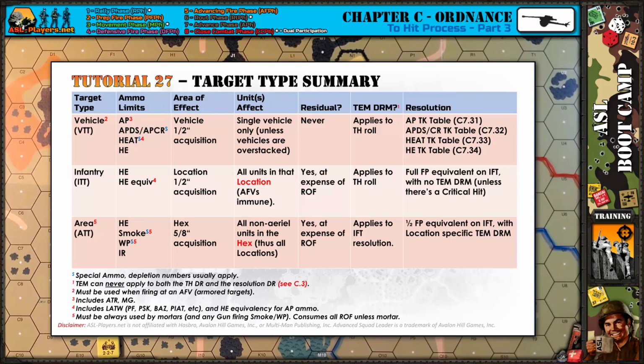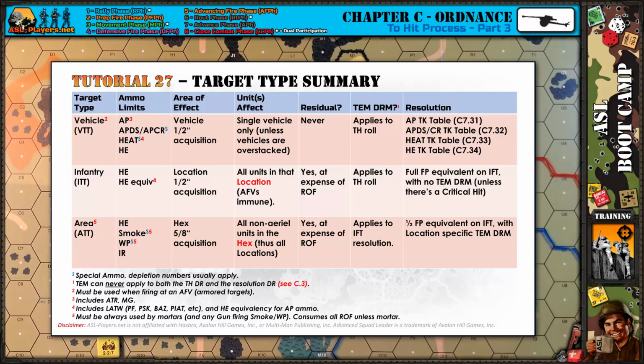So if you have units in a shell hole and units in open ground, they're going to get a different die roll modifier on the infantry fire table resolution. Okay, that's it in a nutshell for the 3 target types: vehicle, infantry, area. Vehicle is pretty easy. Infantry is pretty easy.